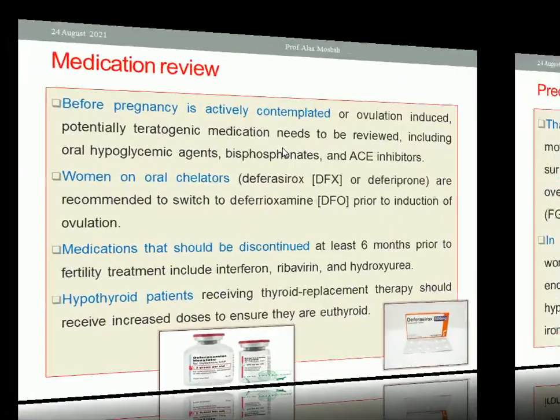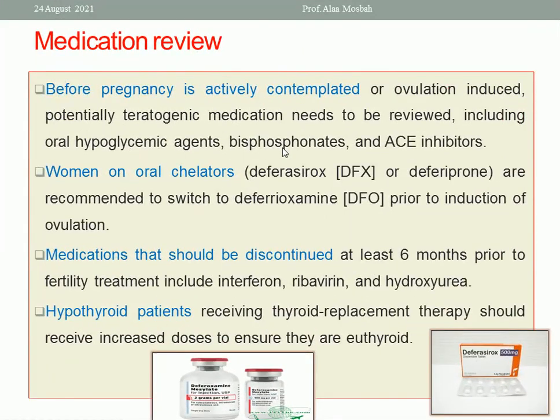What does the medication review include? Before pregnancy is actively contemplated or ovulation induced, potentially teratogenic medication needs to be reviewed. What are the teratogenic drugs?